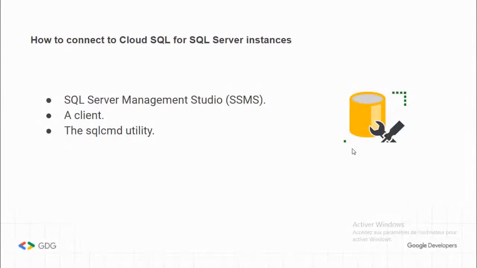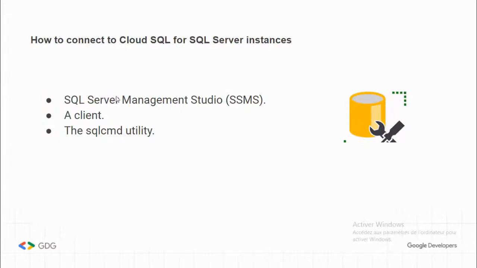Now, how to connect to a Cloud SQL for SQL Server instance. So you can connect to a SQL Server instance from SQL Server Management Studio, or from a client, or from the SQLCMD utility. Let's see them one by one.